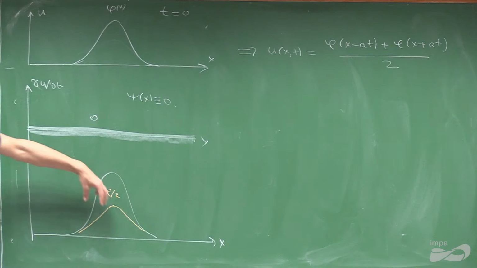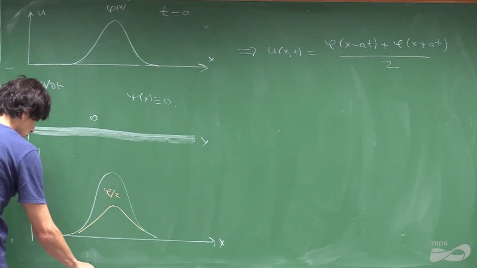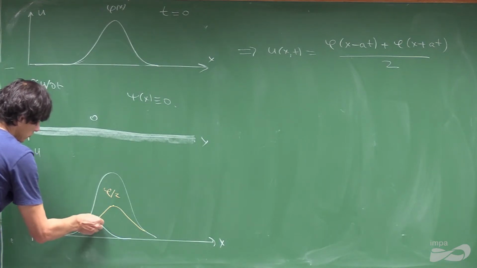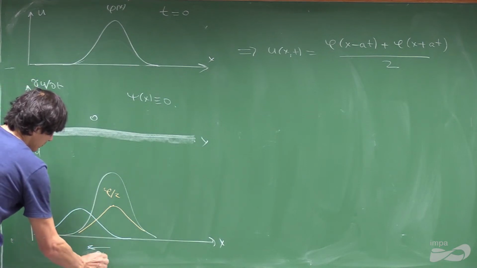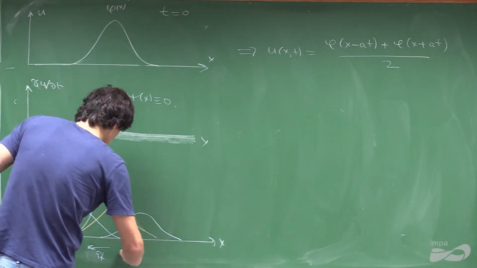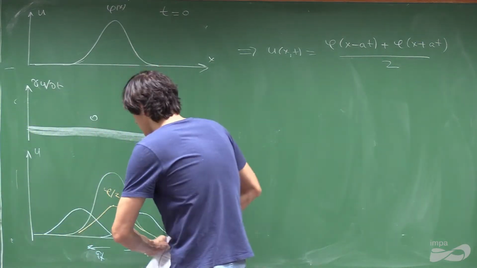As time grows, one half will go to the left. So at later times, one will go to the left by a distance at, and another will go to the right by a distance at. And the solution is the sum of the two.